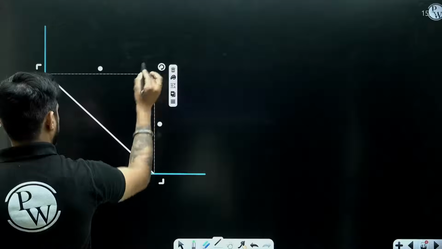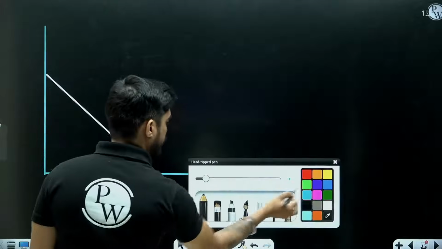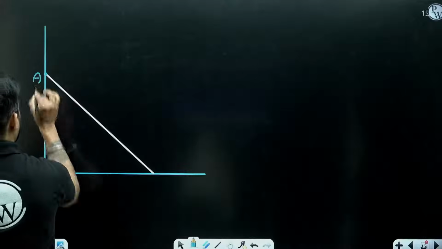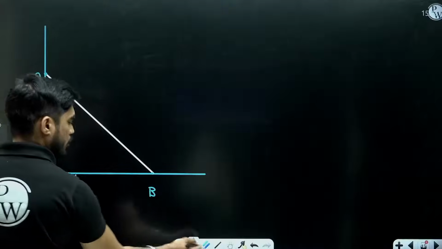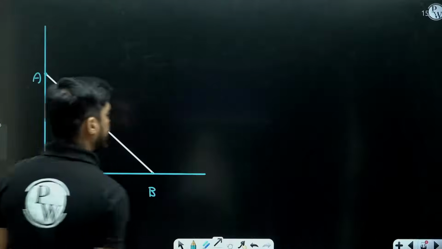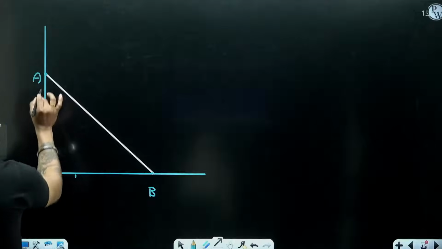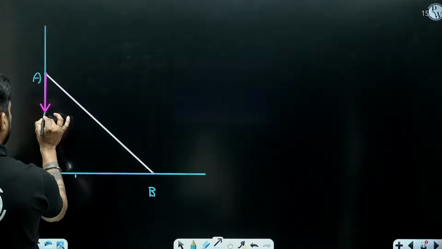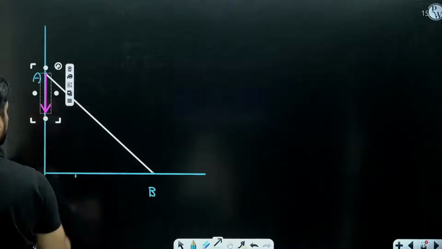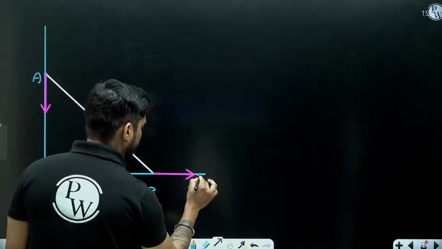This rod is sliding on these two surfaces. This is point A, this is point B. So the directions of velocity of A and B are known. VA must be along this line because it is sliding on this surface, na? And VB must be along this line.